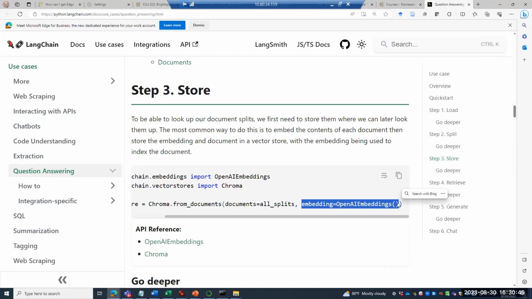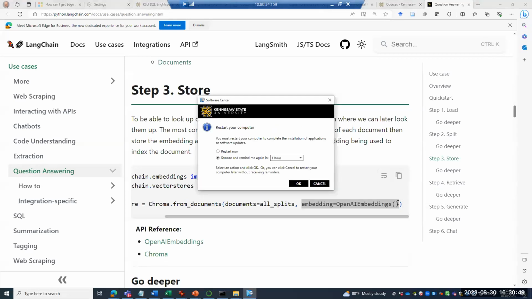So I don't suggest using OpenAI. It's your risk if you want to do it, but it works smoothly. There's an alternative, which I'm going to show in a few minutes: Hugging Face embeddings. That's the one I'm going to use.